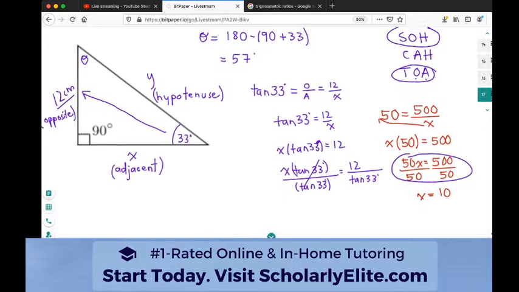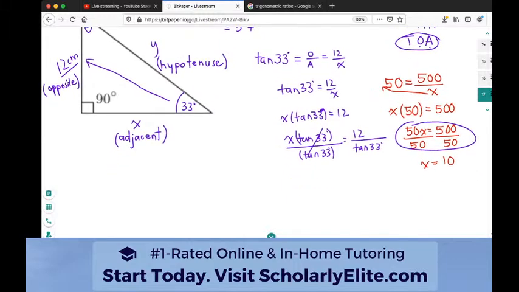What is left? All we have left on the left side is the letter x, which is what we wanted. And on the right side, we have 12 divided by tan of 33. This is very easy to do on your calculator, and you can do it all at once. Just press 12 divided by bracket tan 33 close bracket, equals 18.47.